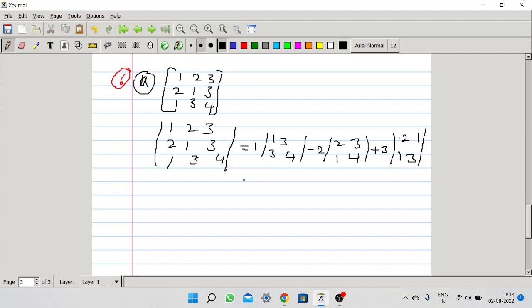By just doing the elementary operations, this is 4 minus 9, this is minus 5, minus 2 times 8 minus 3, that is 5, 5 into 2, 10, this is minus 10, plus 3 times 6 minus 1, 5, that means 3 times 5, 15. So this is equal to 0. So we can say the set S1 is linearly dependent. Similarly, we will do for options 2, 3, 4.